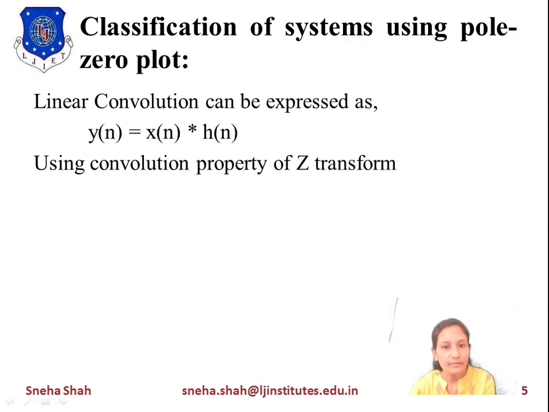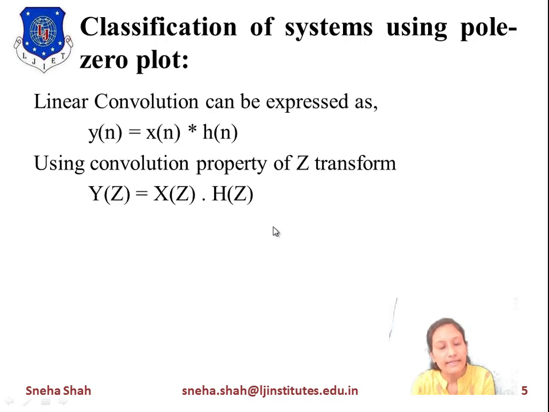Using the convolution property of the Z transform, y of z equals x of z into h of z. That property says that if we convolve two sequences in the time domain, it becomes multiplication in the z domain. From this, the transfer function h of z equals y of z upon x of z, that is, output y of z upon input x of z.